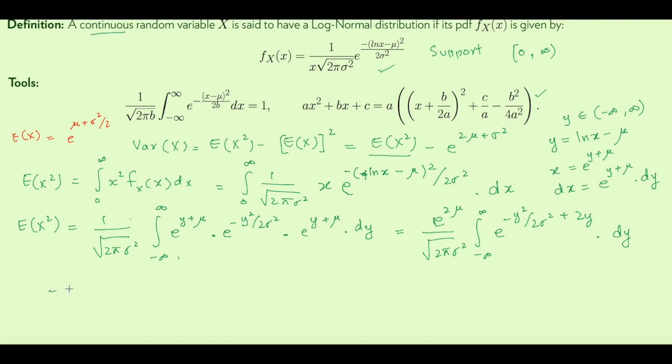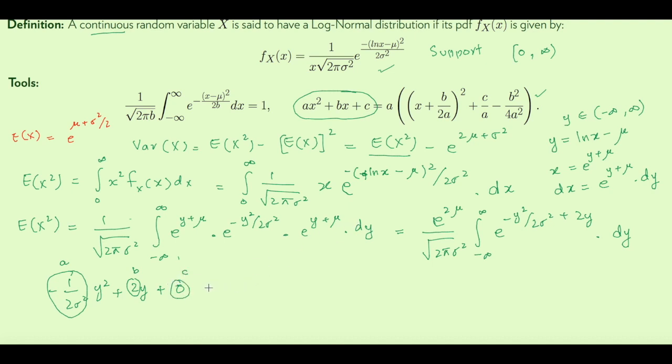Let's say this guy is minus 1 over 2 sigma squared times y squared plus 2y. So comparing it with this guy here, this is my A, this is my B, and what is my C? My C is plus 0.